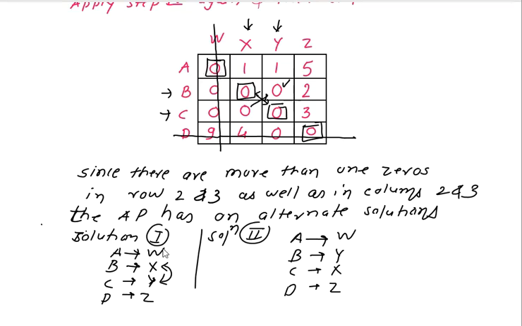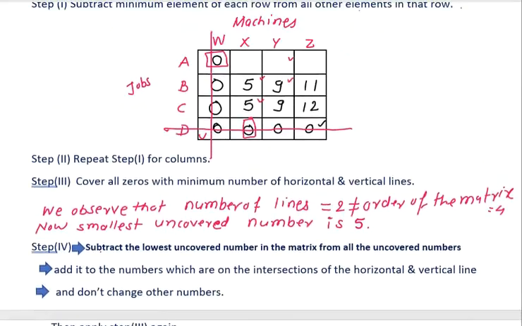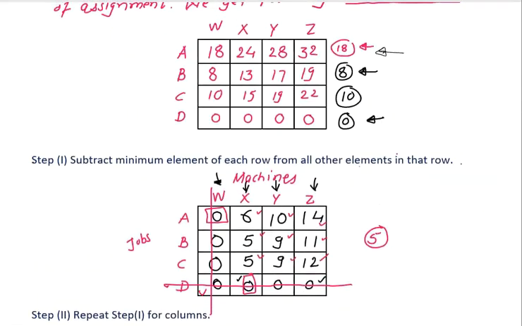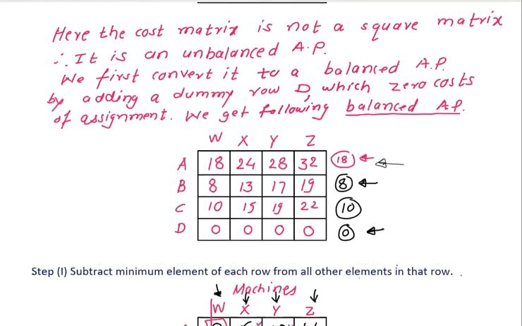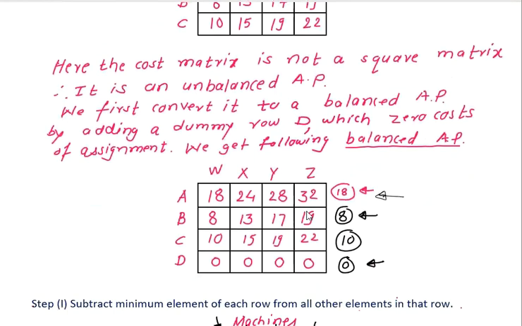In the first solution W, X, Y, Z, that means C11, C22, C33, C44. This is the cost of assignment here. So what is this sum? Let us see. What are the assignment costs given in the problem? This 18, 13, 19 and 0.